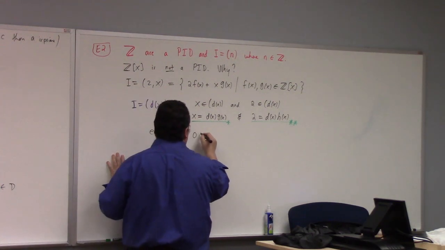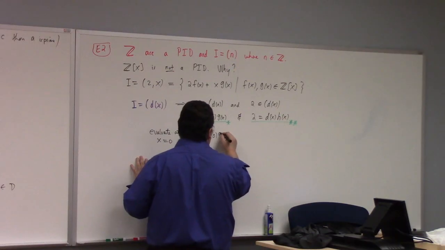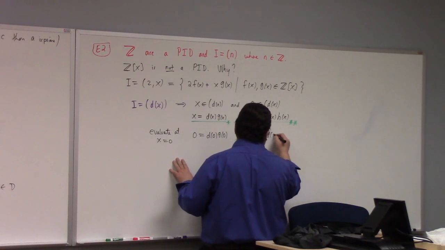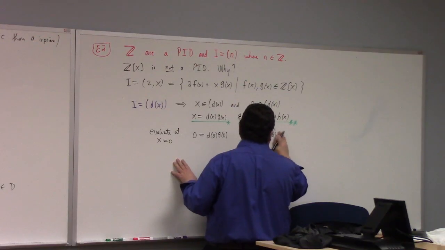That gives me 0 is d of 0 times g of 0. And we also have 2 is equal to d of 0 times h of 0.